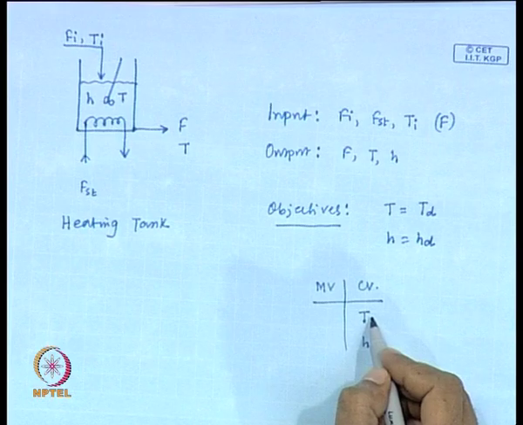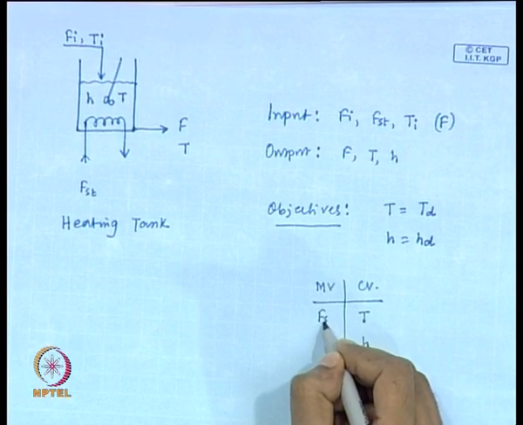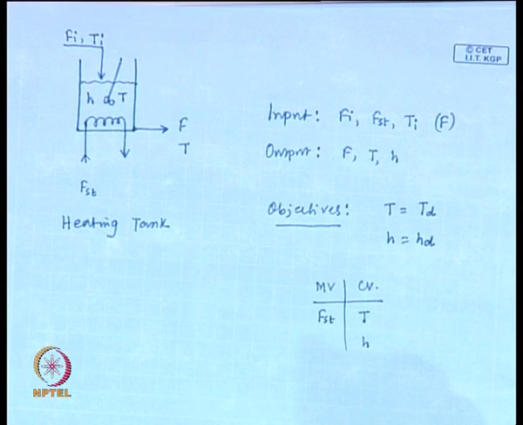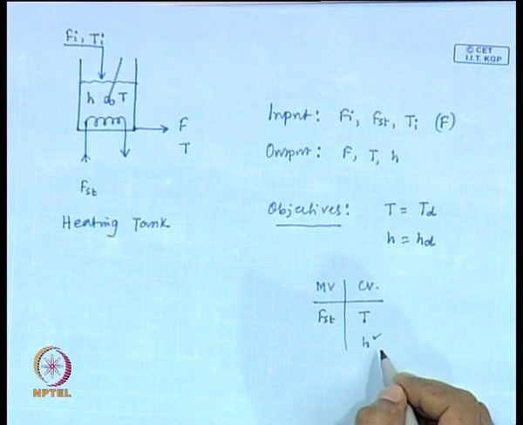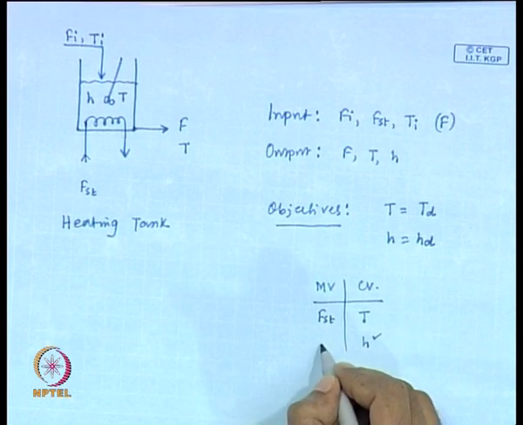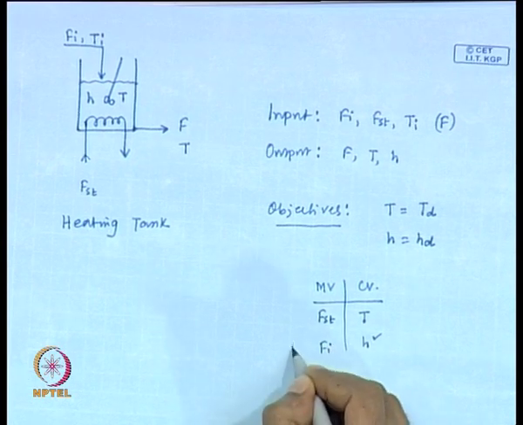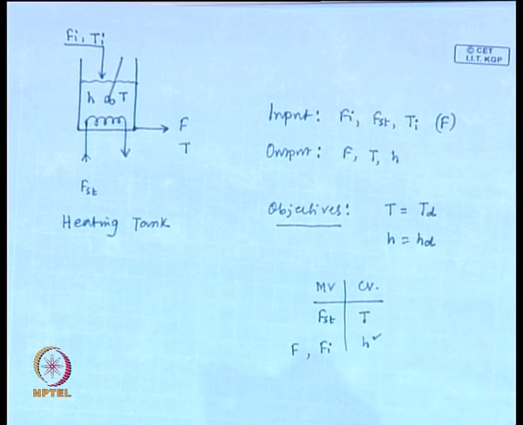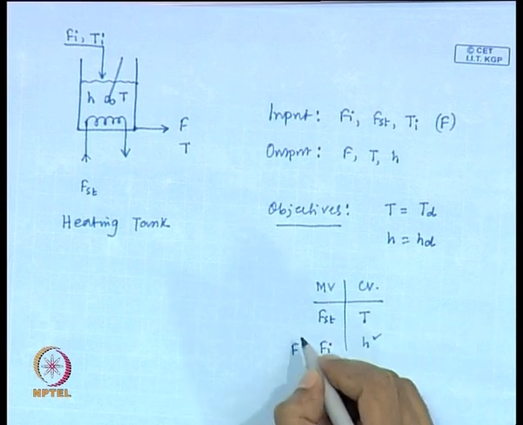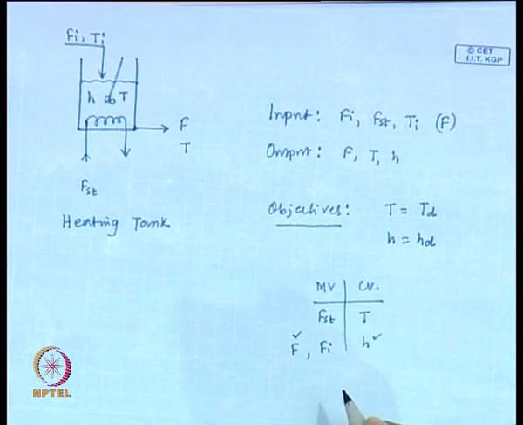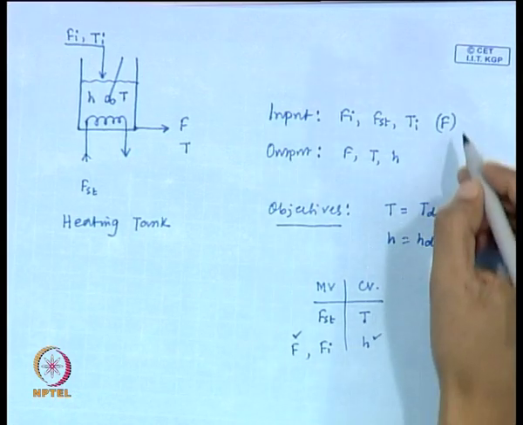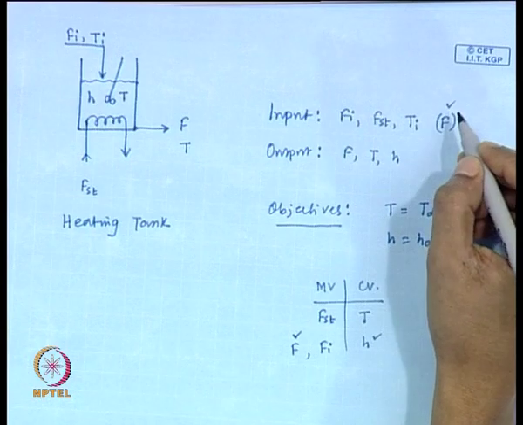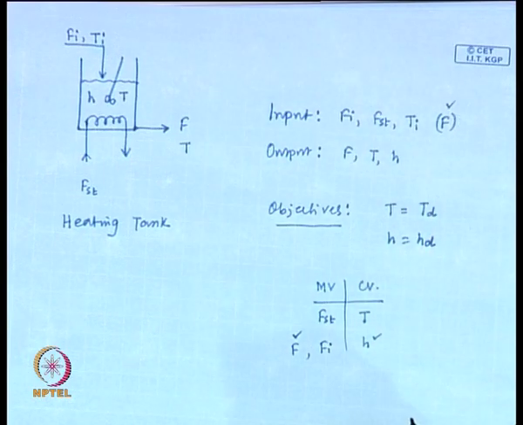How can we maintain this temperature? By adjusting Fst. And for the case of height, how can we maintain the height? By adjusting Fi and F naught, Fi and F. If F is the manipulated variable, as we discussed for the previous example, then F will be one input variable.